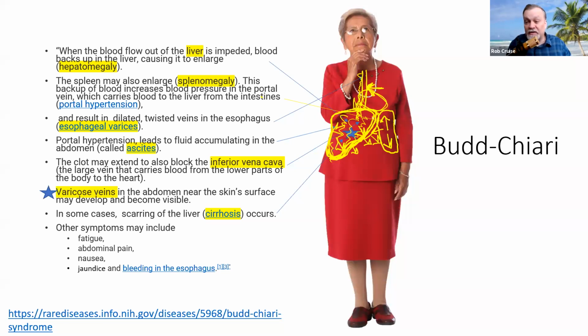Some of the other things that you might look for here is the person might feel fatigued. They'll have that abdominal pain that we were talking about. They're going to have nausea, and not necessarily vomiting, just nausea. And it can affect the skin color because we are talking about function of the liver and the bile secretion, and you get the backup of bile and yellow skin. And of course, the white of your eyes will also turn yellow.